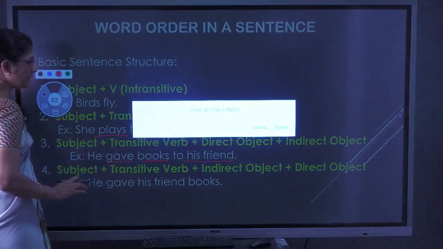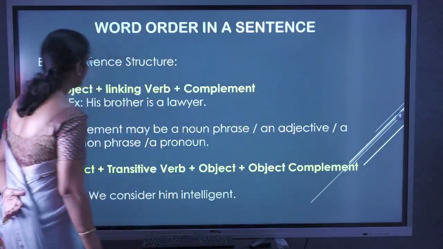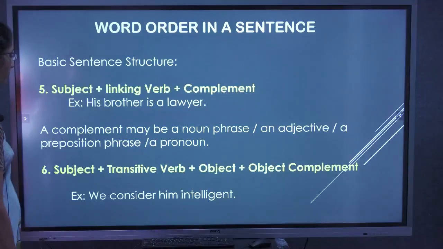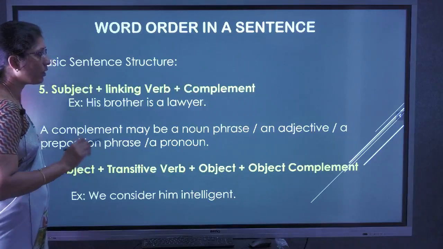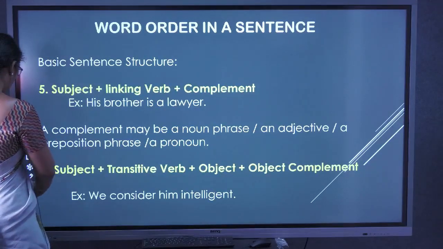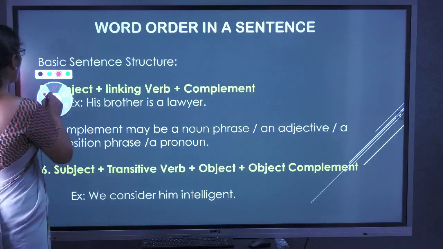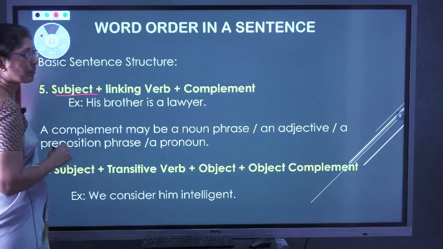Okay, let us see the other models of sentences. This is subject plus linking verb and complement. What is a complement? A complement is telling something about the subject.